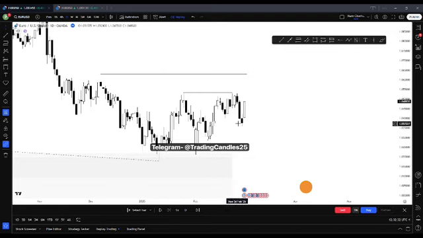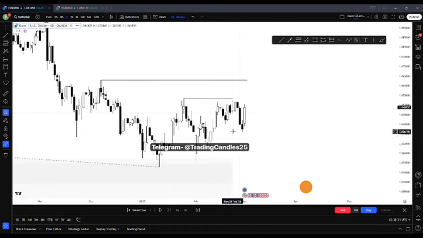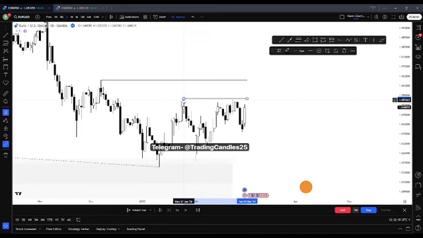Now looking at this section right here, you can see that price almost took out this swing high, right? But before it took it out, we saw this retracement lower. Because of this retracement lower, we formed these equal highs around here, which led to even more liquidity being generated above this swing high and this swing high, right?